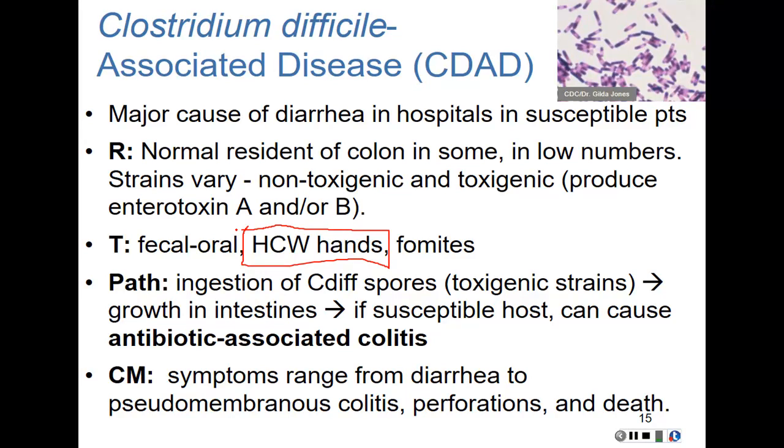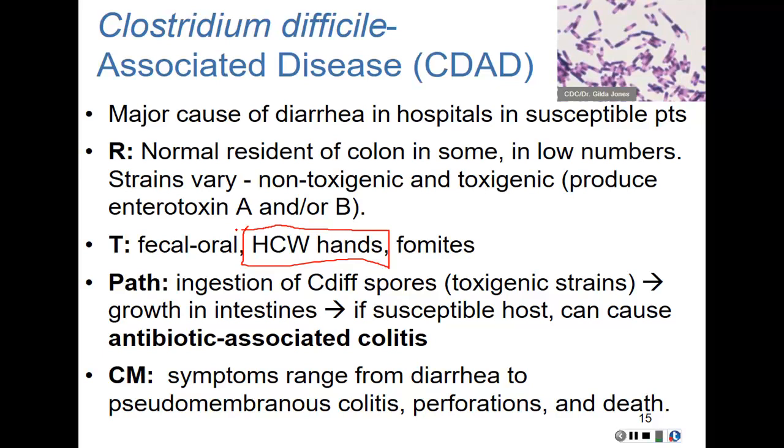So this can move around in hospitals in that way. So there's a lot of work to prevent that. If you're ingesting C. diff spores of the toxigenic strain, you could get diarrhea, as with non-toxigenic strains.